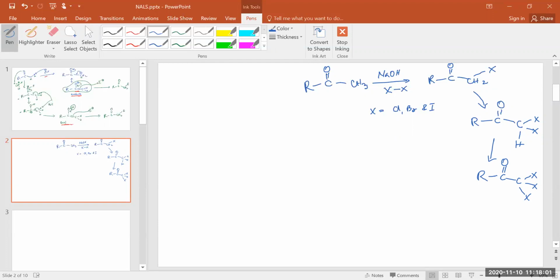But if you take the same reaction under acidic condition, suppose you take acetic acid and bromine, or halogens. Suppose you take bromine.